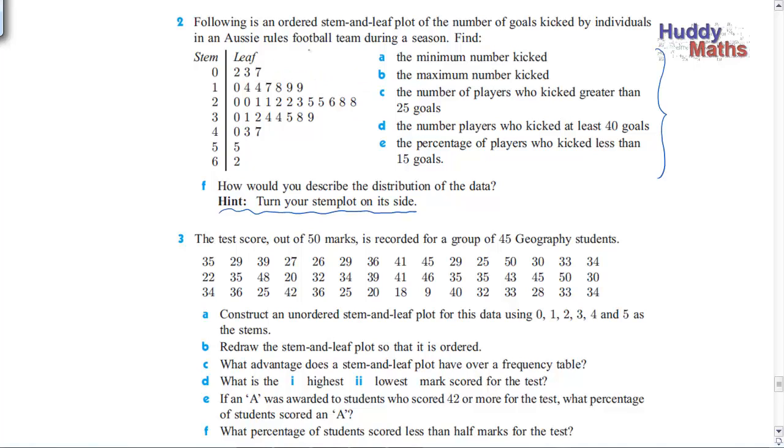Is there symmetry? What about question 3? You've got to do your own stem and leaf plot, so you've got to find the lowest value and the highest value. And they're telling you how to do the stems there. Have a go and see if you can interpret the data using that form of graph. Pause it, have a go, and I'll go on now.